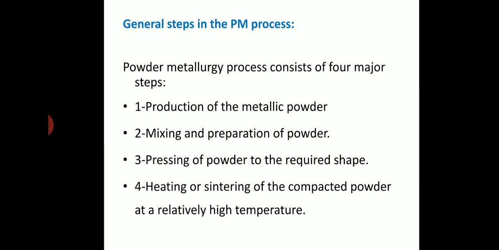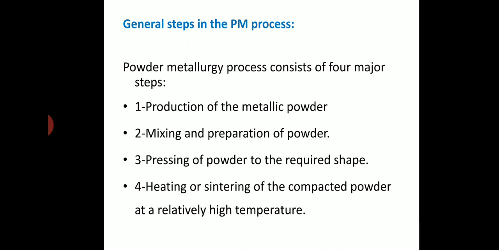Next, we will study the general steps in the powder metallurgy process. The powder metallurgy process consists of 4 major steps. The first one is production of metallic powder, and the second one is mixing and preparation of powder.